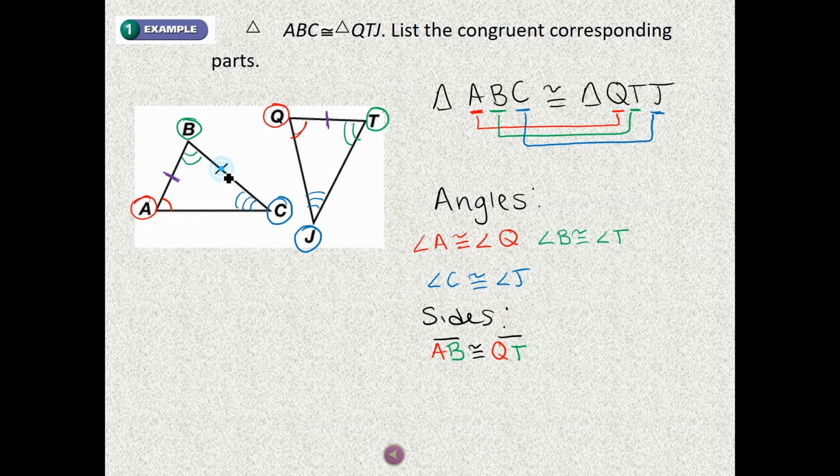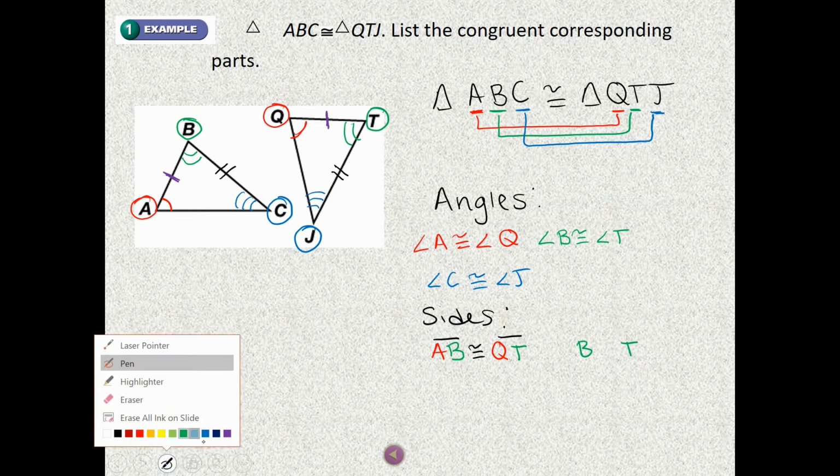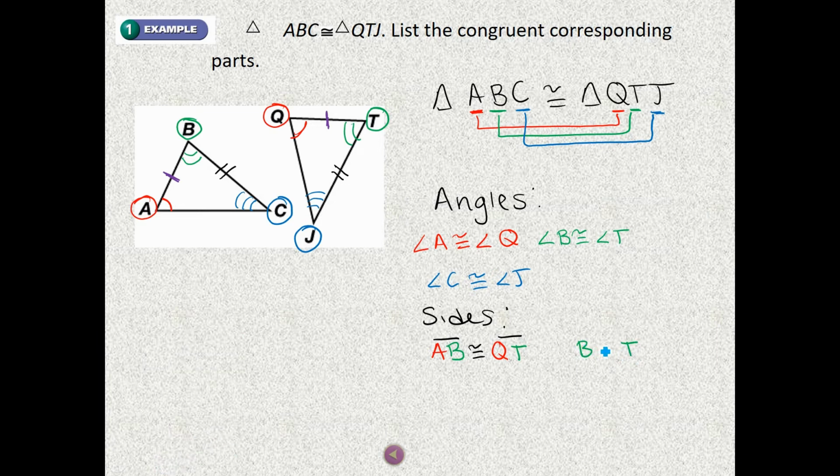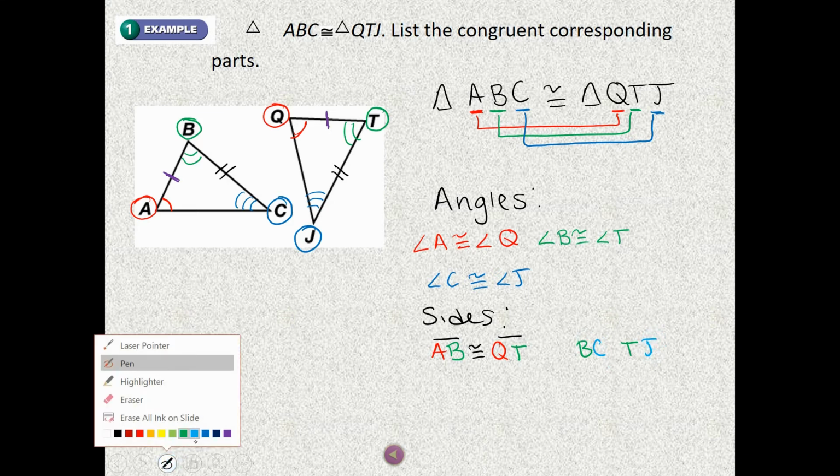You also could say that since B and C correspond to one another and T and J correspond, that BC is congruent to TJ.